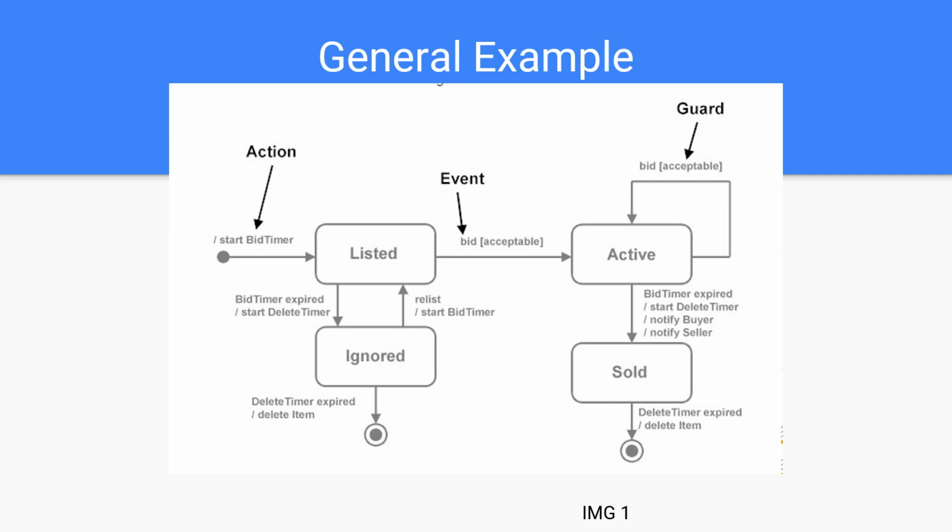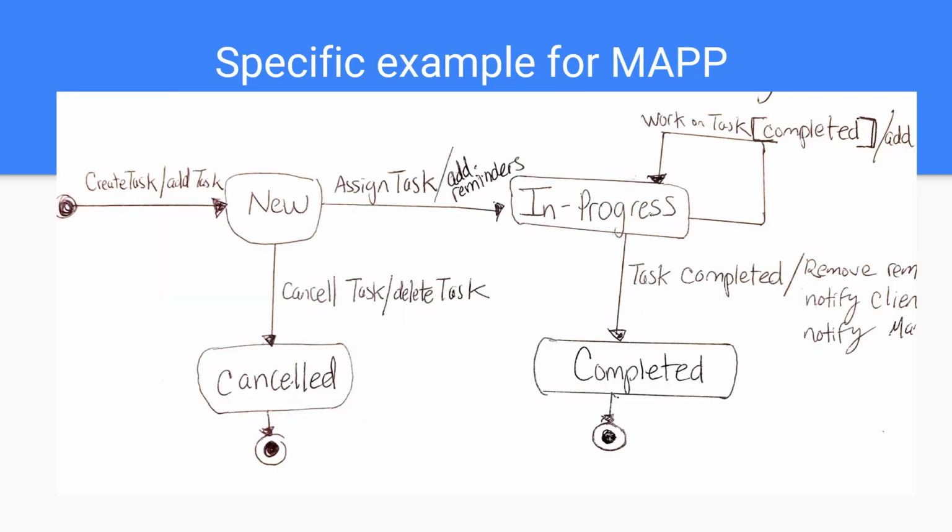So you can see how the state machine works. Then if somebody bids, it's going to be active, and then people can keep bidding until the time expires. And then you have here actions. They will notify the seller, they will notify the buyer, and then it'll change to the last state, which is sold.